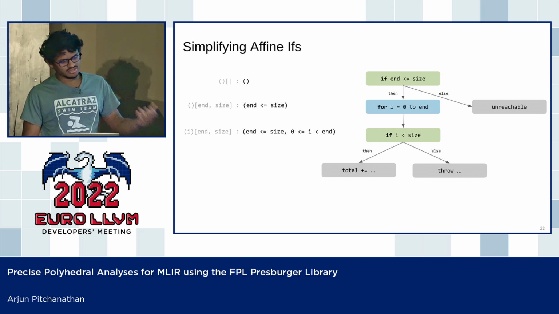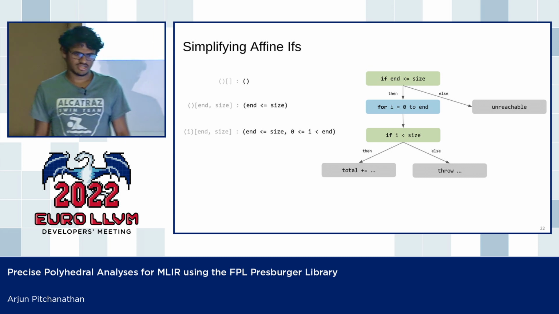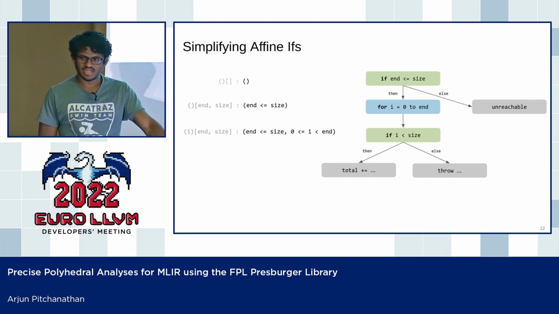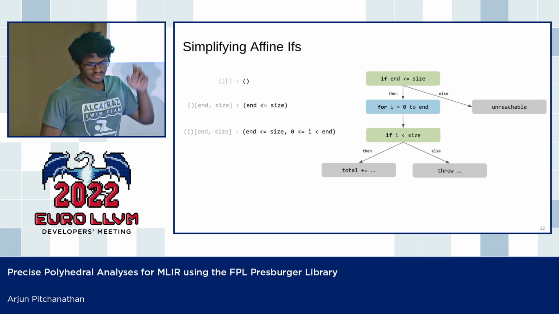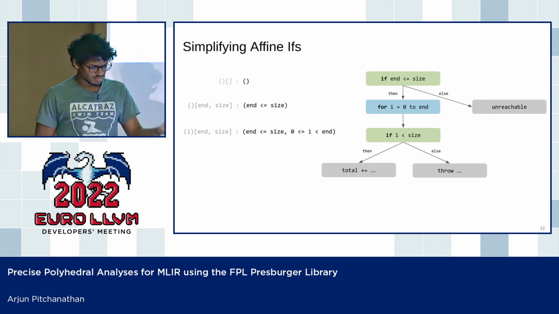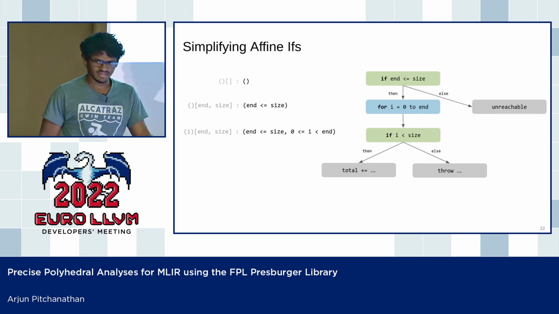How we would check whether this condition can be simplified using linear programming is, the objective would be size minus I, and the constraints would be the context n less equal to size and 0 less equal to I less than n. So you find out the minimum value that size minus I can take. And if the minimum is 0 or less, then it can never occur.